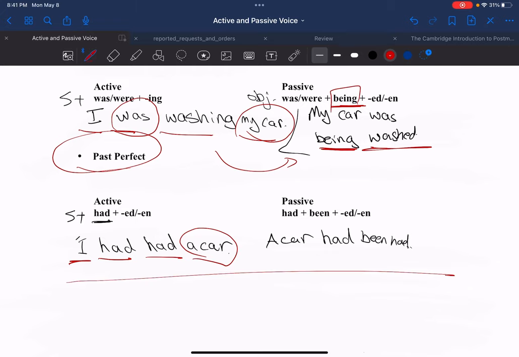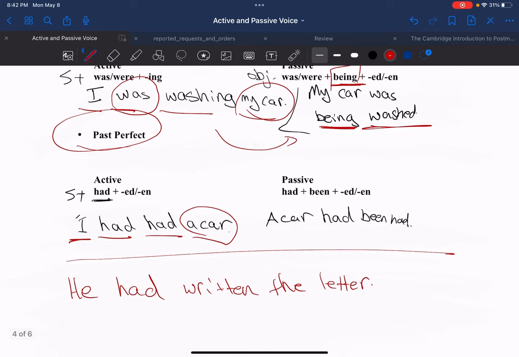Before we do anything of that, we just say he had written the letter.